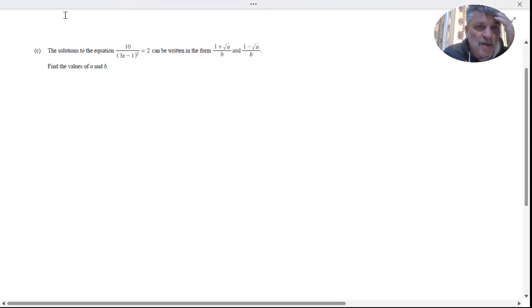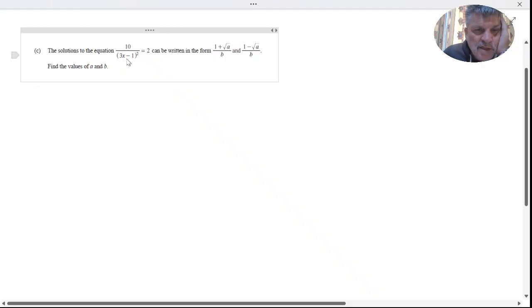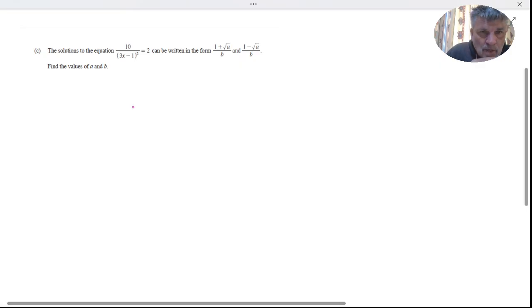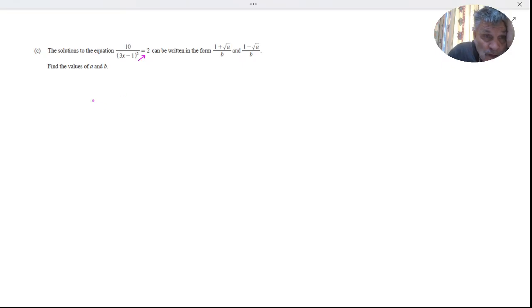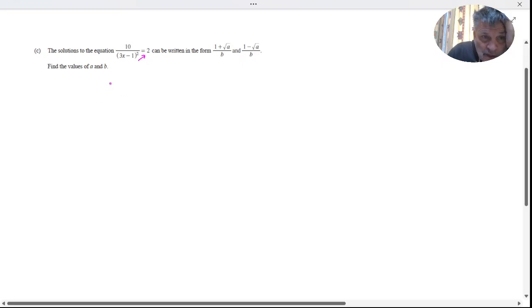The solutions to the equation 10 over 3x minus 1 all squared equals 2 can be written in the form 1 plus root a over b and 1 minus root a over b. Find the values of a and b. Okay. If we just cross multiply the algebraic squared term up here and divide by the 2, we will get an equation that says 5 is equal to 3x minus 1 all squared.